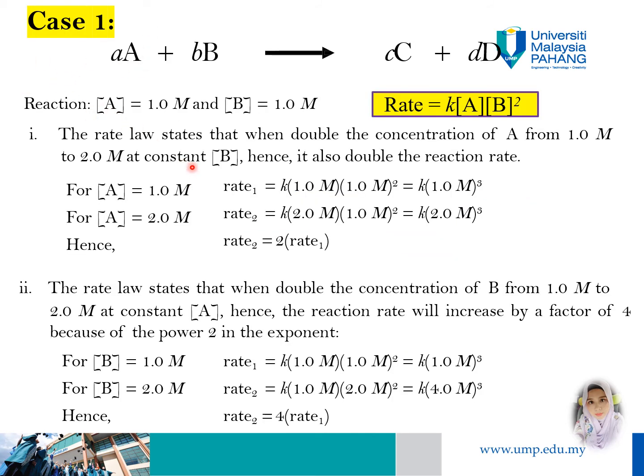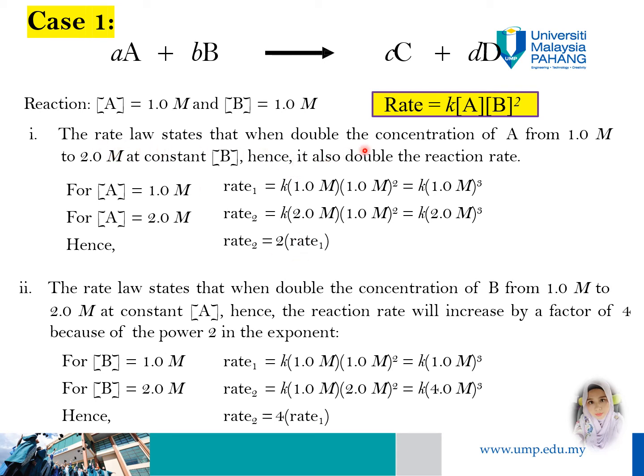Okay, for case 1, consider this equation: A plus B to produce C and D. Let's say the rate is equal to k[A][B]^2. So the overall order here is equal to 1 plus 2, or equal to 3. Let's say the concentration of A is equal to 1 molar and B is also equal to 1 molar.